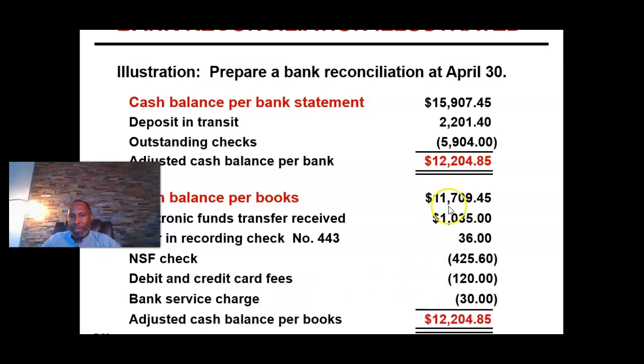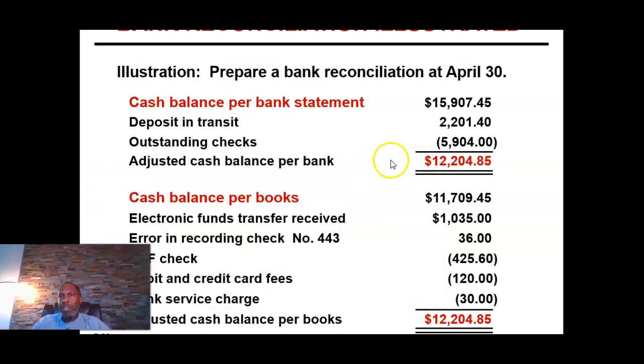So when we take the balance per books, add in the EFT, the error, and subtract everything out, it means our true cash balance should be $12,204.85. Okay? So once you have reconciled, you have to make sure that the balance per bank statement now matches the balance per books. So you have to know what items should be added or subtracted from these different items.